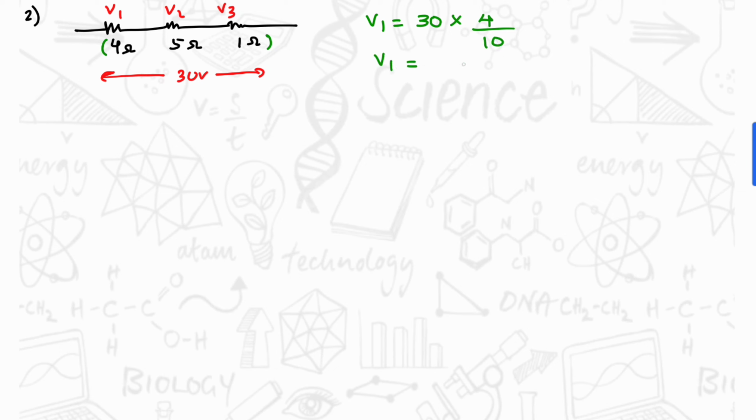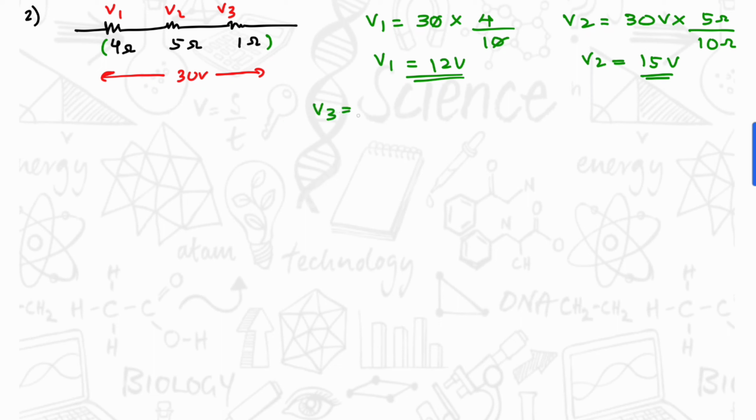Therefore V1 will be equal to 12 volts. And we can find V2. We have 30, which is the total voltage, multiplied by 5 divided by the equivalent resistance, that is 10 ohm. That will give us 15 volts.